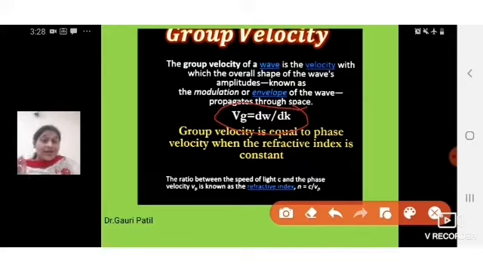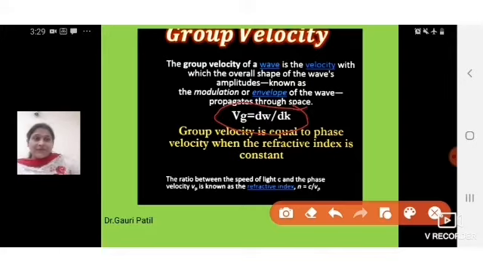In phase velocity there is a single wave particle, and in group velocity there are a number of waves. So we can write omega by k and d omega by dk. Group velocity is equal to phase velocity when the refractive index is constant. Only when the refractive index is constant is group velocity equal to phase velocity.